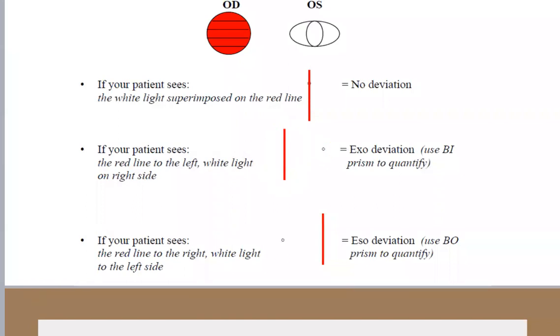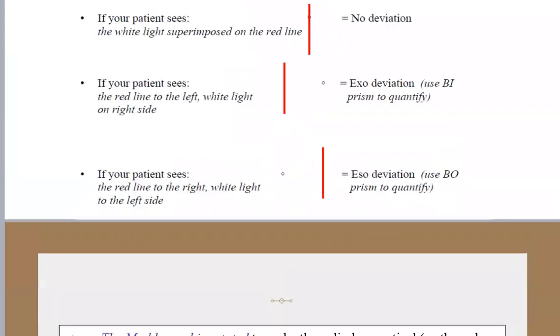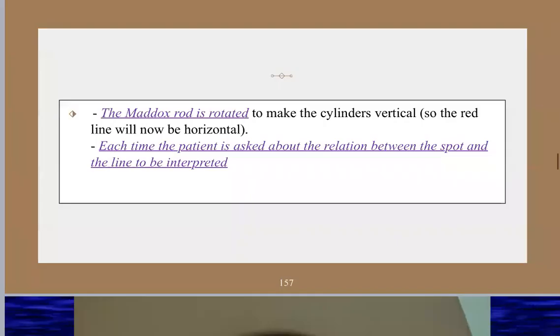This will indicate exodeviation by this test. The reverse, if the right eye sees on the right and the left eye sees on the left, is called uncrossed diplopia or homonymous diplopia, and this indicates esodeviation or esophoria.